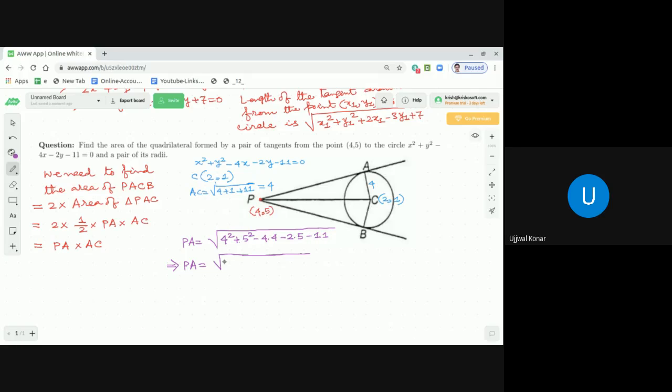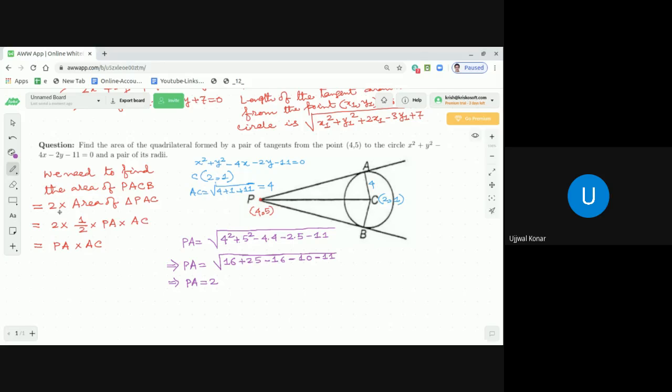So 4 square is 16, 5 square is 25, minus 16, minus 10, and minus 11. So 16 got cancelled. 10 and 11 become 21. 25 minus 21 is 4. So that implies PA is equal to 2.